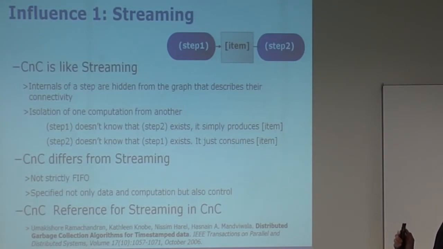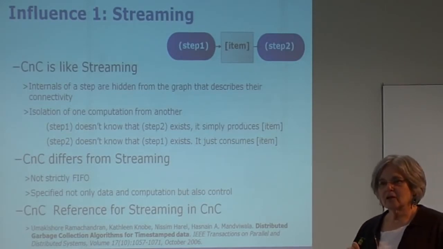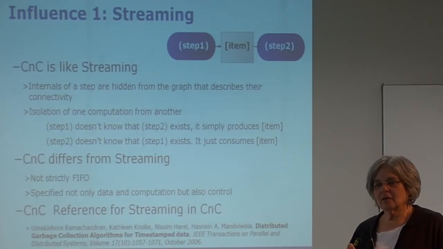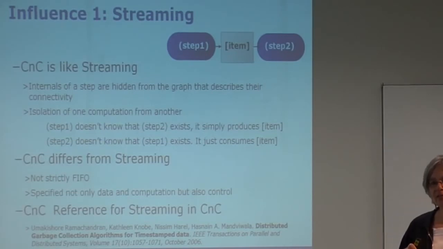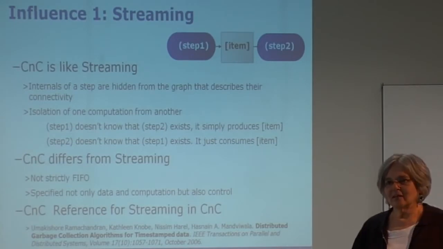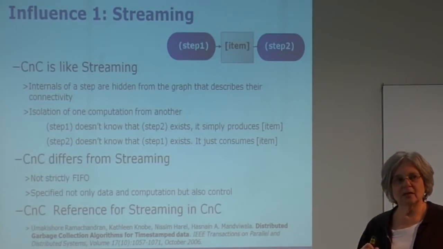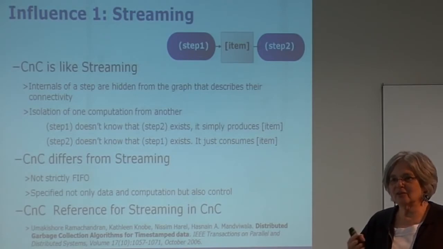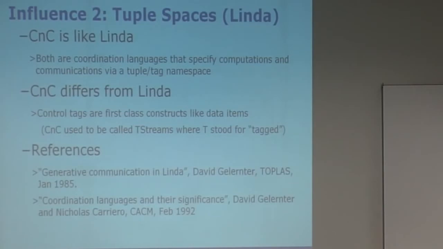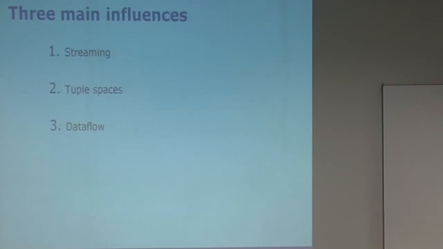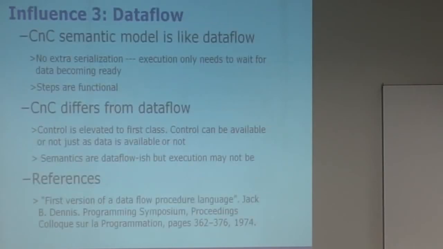Well, just a question. Have you been influenced by Arvid's work at MIT with parallel Haskell and implicit parallel programming paradigms? Well, it is influenced by data flow style, yeah. So if you think about the execution model, it's very data flow style-ish. So there's no extra serialization.